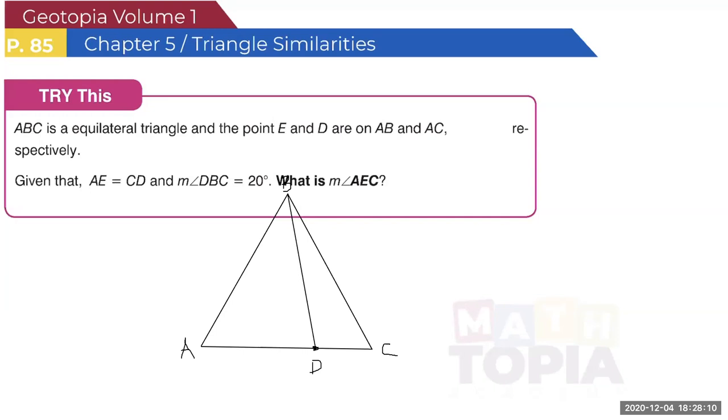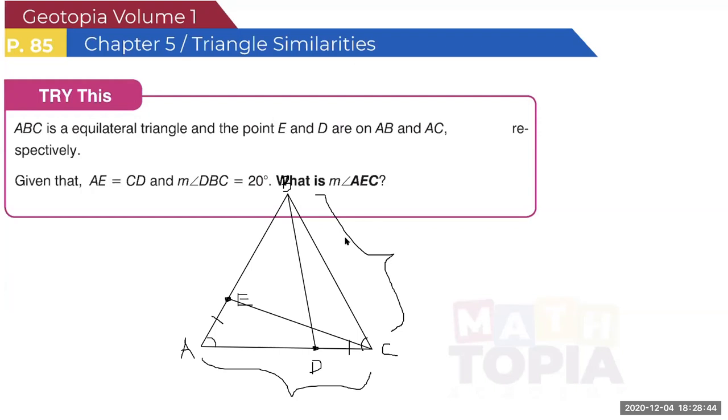And we have a point E on AB such that EA is equal to DC. So we have these two are equal. And we're going to be using the fact that it's equilateral, which means AC and BC are equal. And we have that BCD, that's 60 degrees, and BAC, that's also 60 degrees.